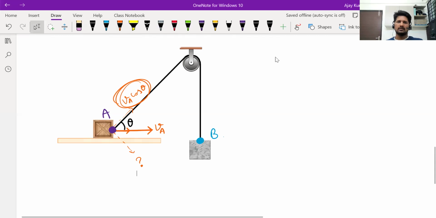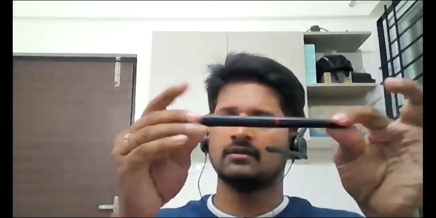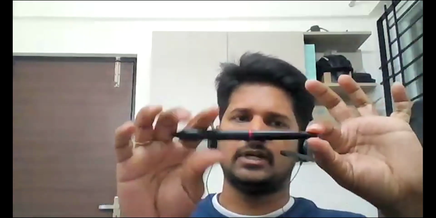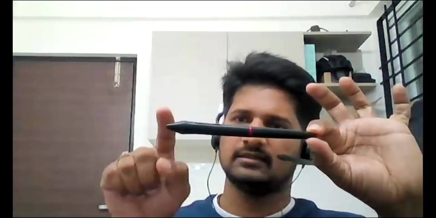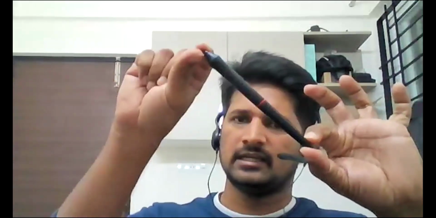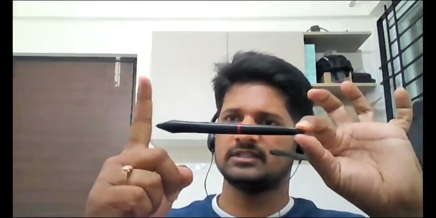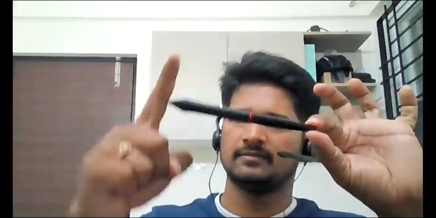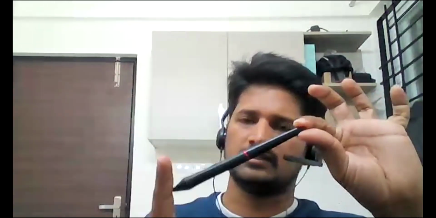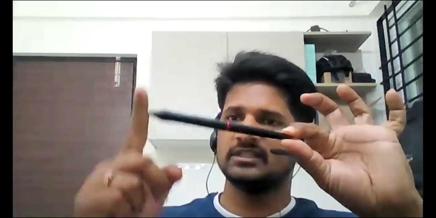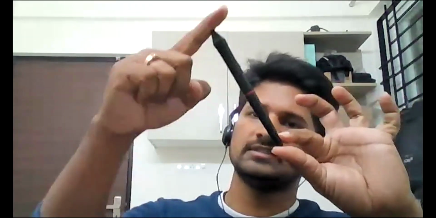Fine, you can look at this pen moving if you want. I'm holding the pen at one end, so this end is at rest. The other end can move in a circle around this end, but if it is moving in a circle, it means its velocity is in the perpendicular direction. So velocity in the perpendicular direction only changes its orientation.